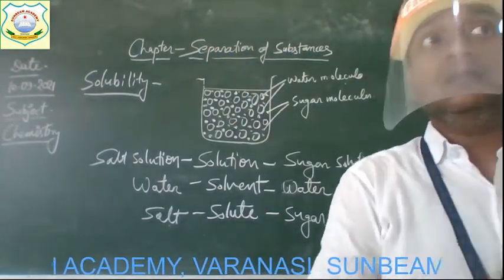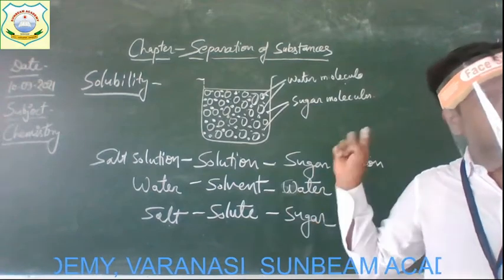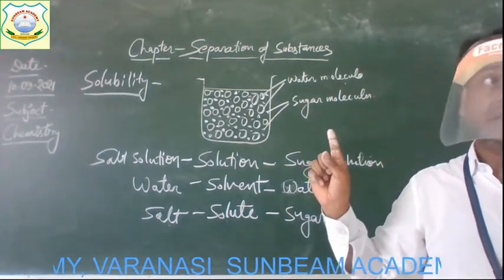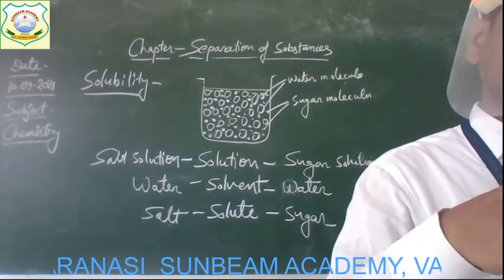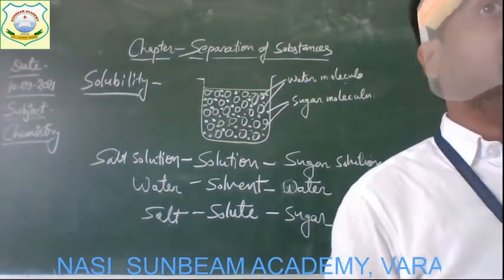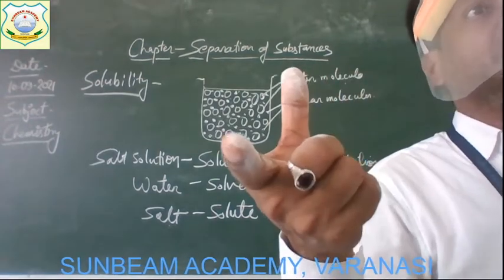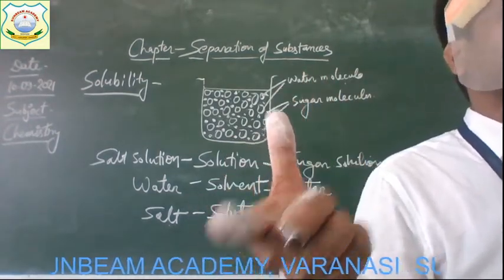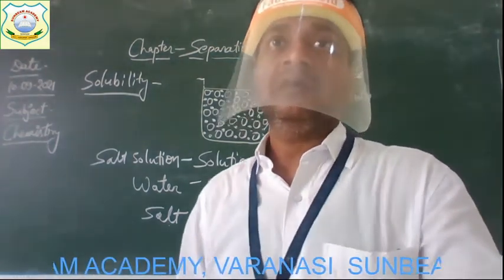So actually, what? Sugar is a solute in your lemonade. That lemon juice is also a solute. They both get dissolved in water. So water is solvent and the prepared mixture is solution. That is your lemonade, sugar solution.